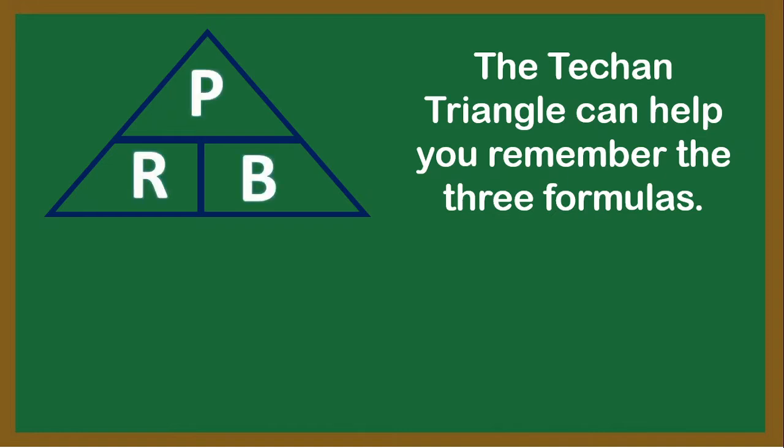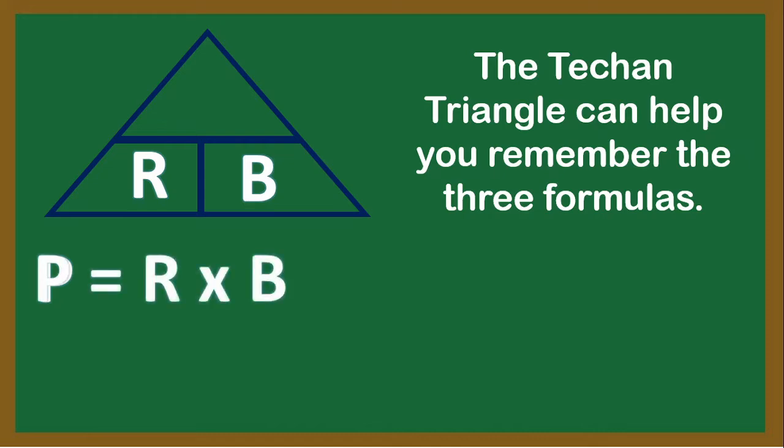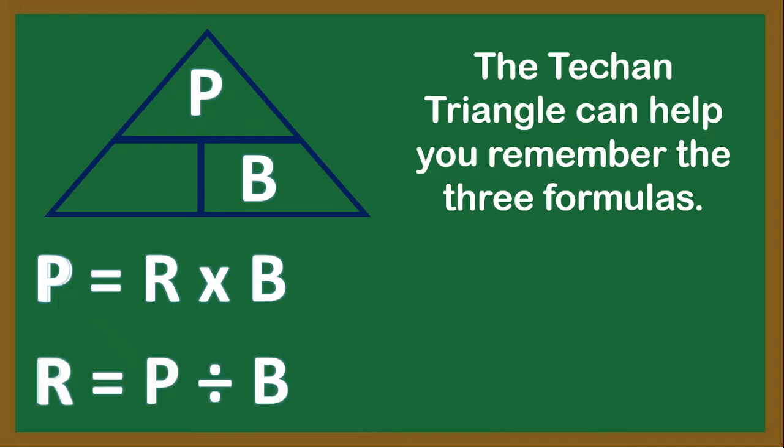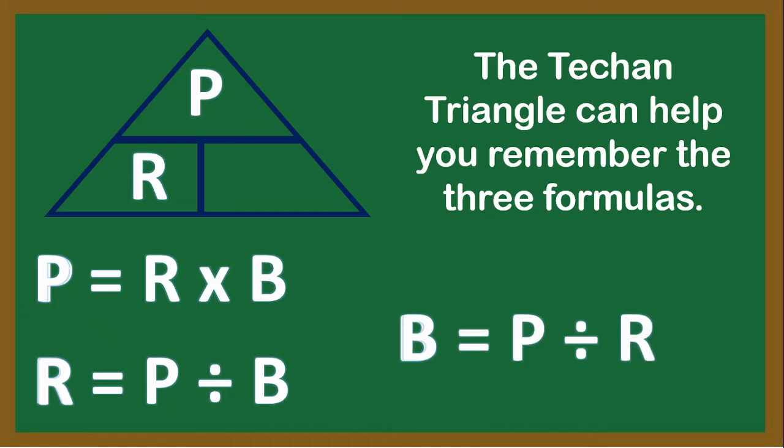You will see here that above R and B is the P, and below P is R and B. If we're going to take P as the percentage, the formula will be P equals R times B. If we're going to take R or the rate, the formula will be P divided by B. And if we're going to take B or the base, the formula will be P divided by R.